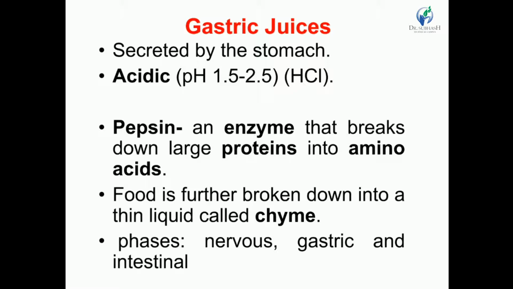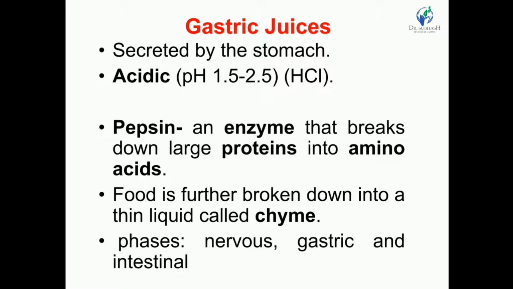That bolus is then transported from the oral cavity to the stomach, so up to that point it is in the form of a bolus. Further, it will be diluted with the help of gastric juices into liquid form, right? First the food was solid, then saliva was added, so it formed semi-solid. Now it will be in a liquid state, and that is termed chyme.